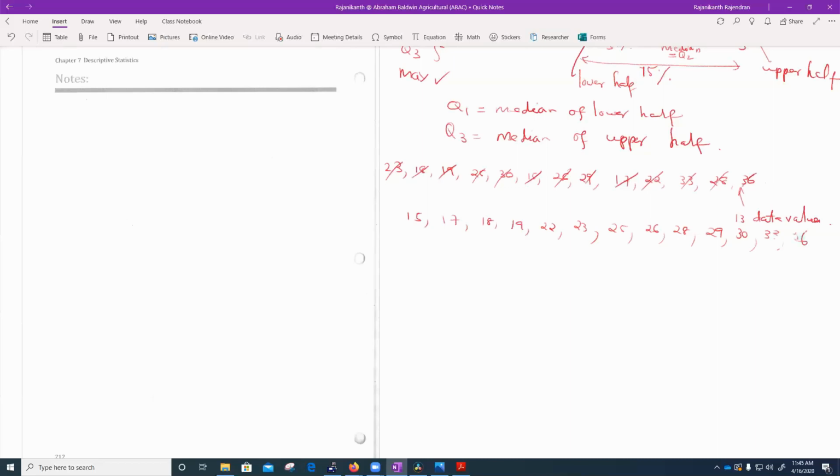Make sure that you are covering all the numbers. Did I cut all the numbers? Yes, I struck off all. Very good, so we have rearranged them.